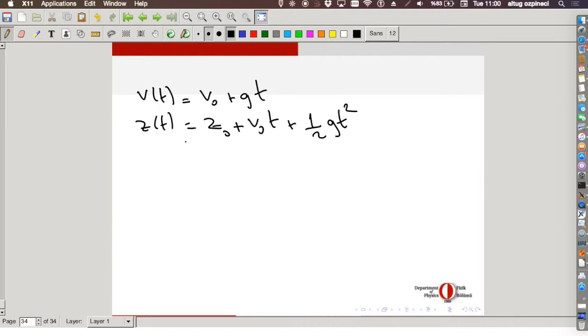Just try to understand and learn the steps that are necessary, and the assumptions under which these formulas are valid. For example, these two formulas are only valid if you have constant acceleration and the positive direction is downwards. If the positive direction is upward, both of these will change sign. And you should be able to understand why it changes sign.